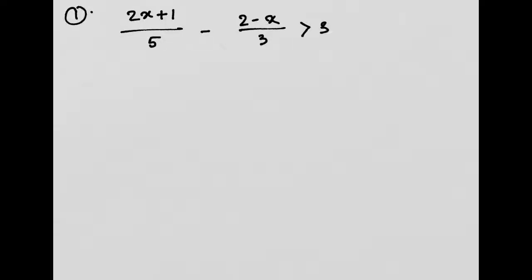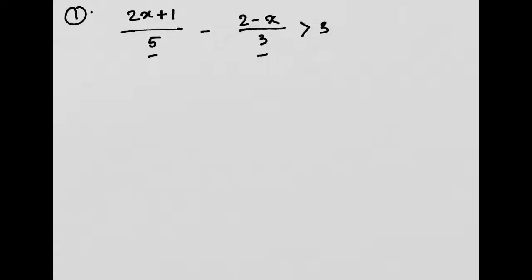Now let's simply do some examples to get a better picture of what I am telling. So, this is my first example. How do we solve this? We can see that the LCM of 5 and 3 is 15.